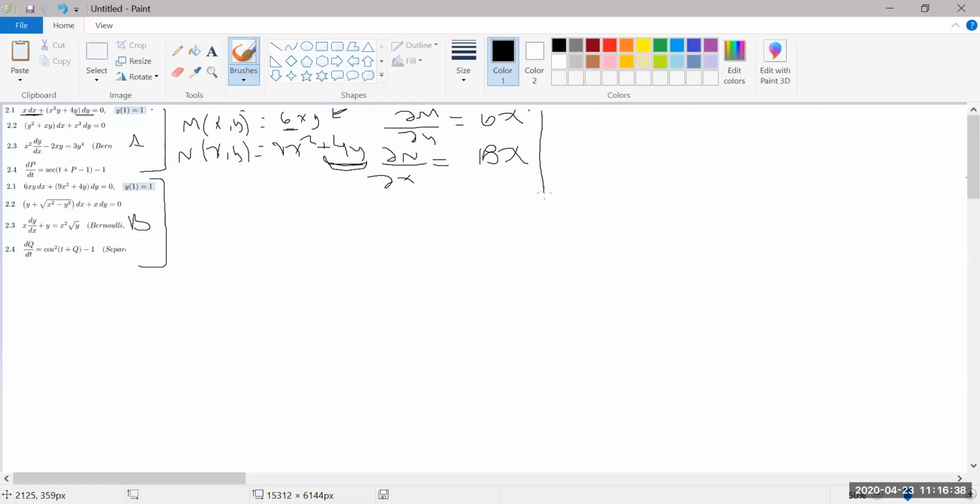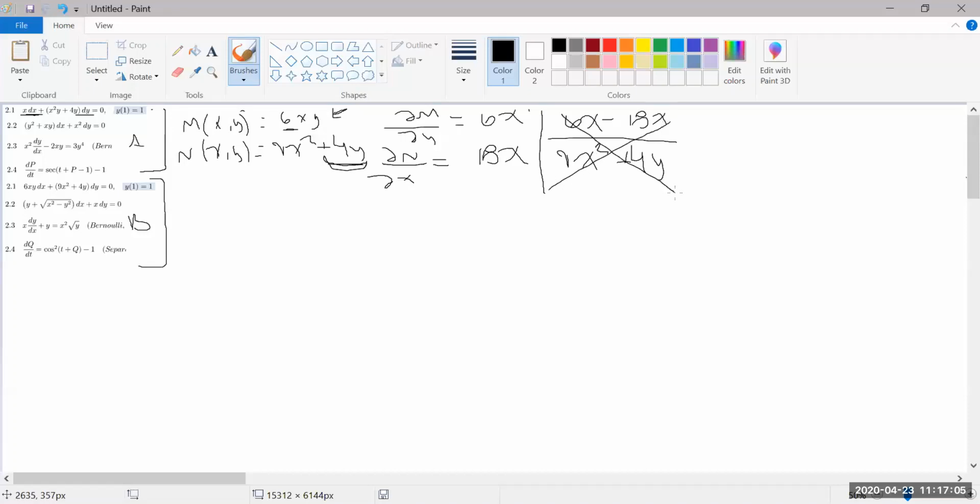If we use that first equation, we get 6x minus 18x, all divided by 9x squared plus 4y. Unfortunately, this does not turn into anything prettier than it is, so let's not use that one.